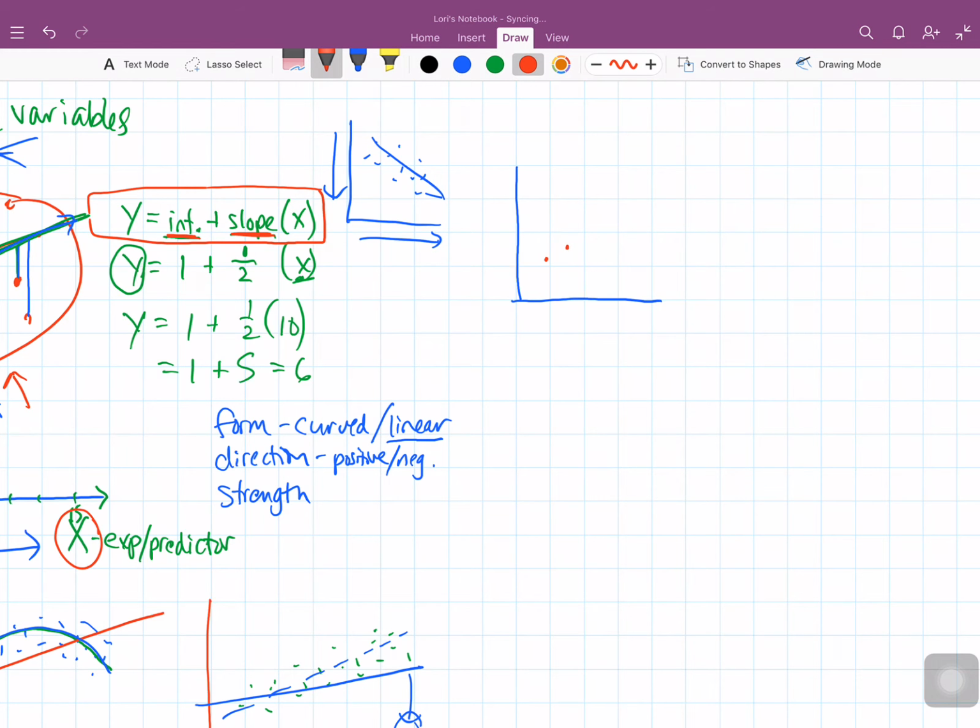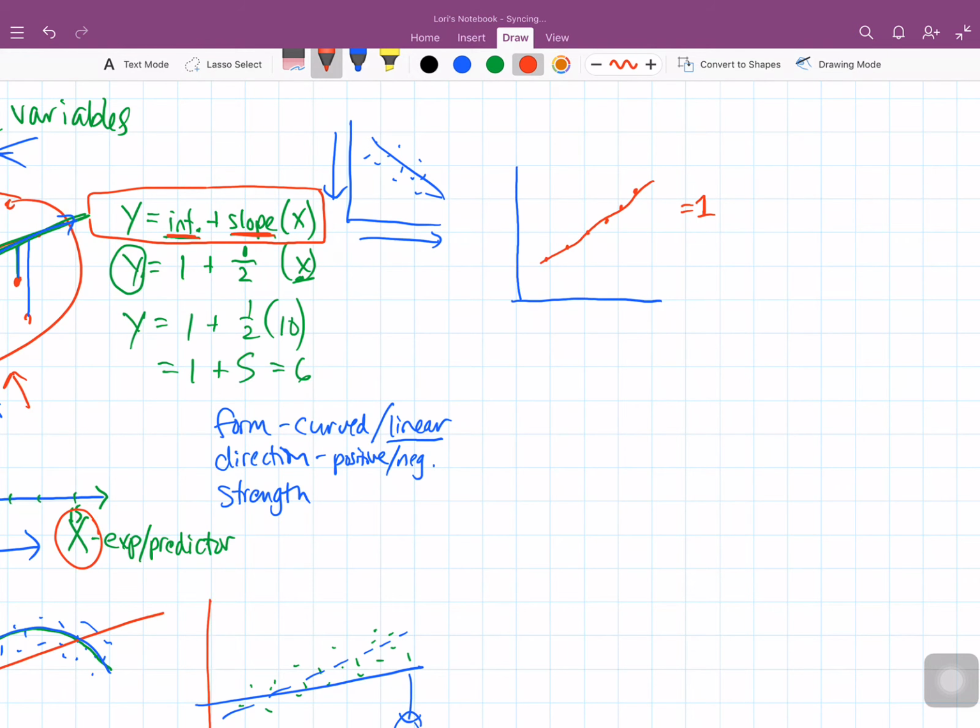And so if we have all of the dots falling exactly on the line, let's say it is, and it goes up and to the right, the strength of that relationship is equal to a positive 1. So that's as strong as it can be.